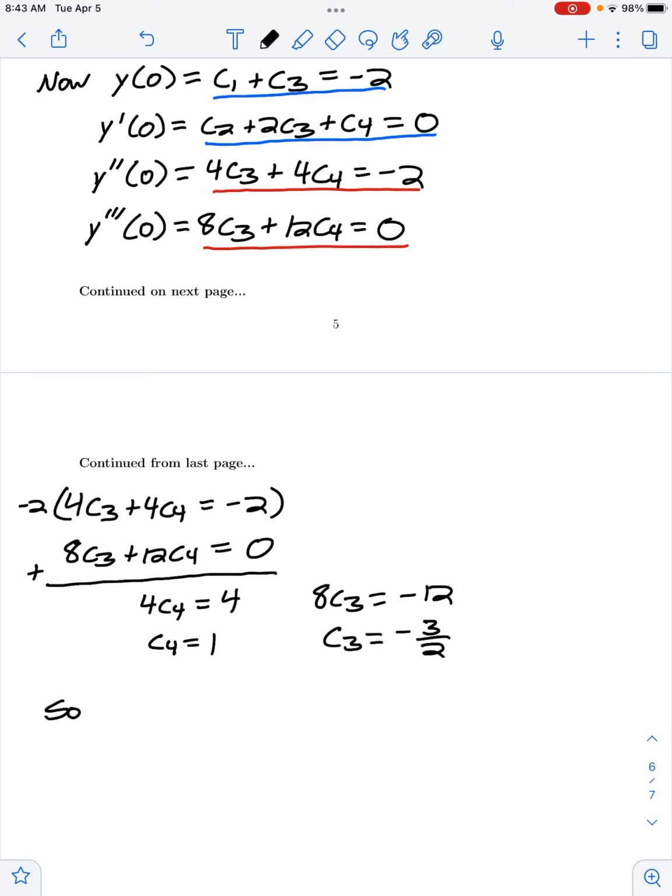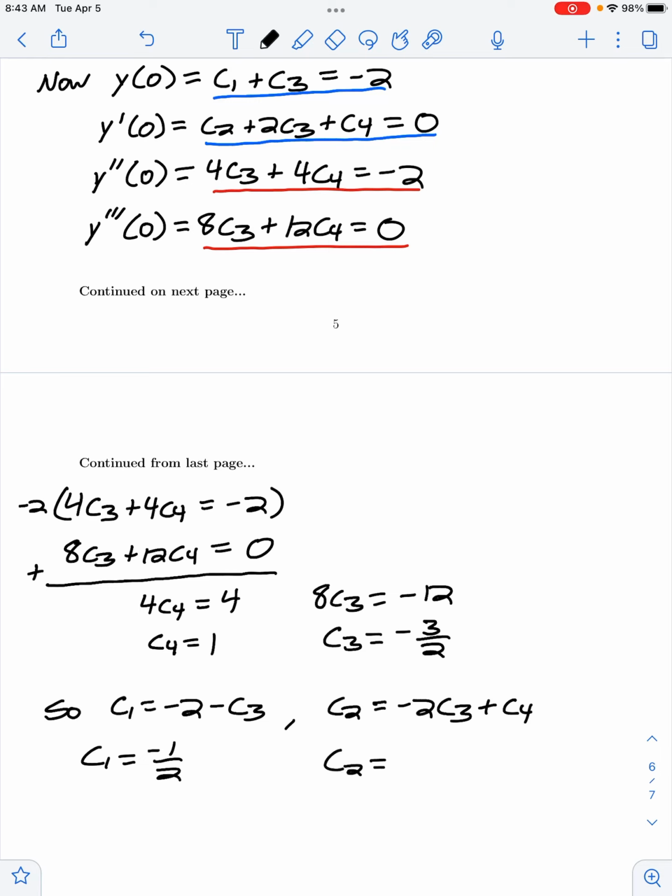From my first equation, I have c1 is equal to negative 2 minus c3. So that would be negative 2 plus 3/2. So negative 4/2 plus 3/2 leaves me with negative 1/2. And then from my second equation, I find that c2 is equal to negative 2 times c3 plus c4.